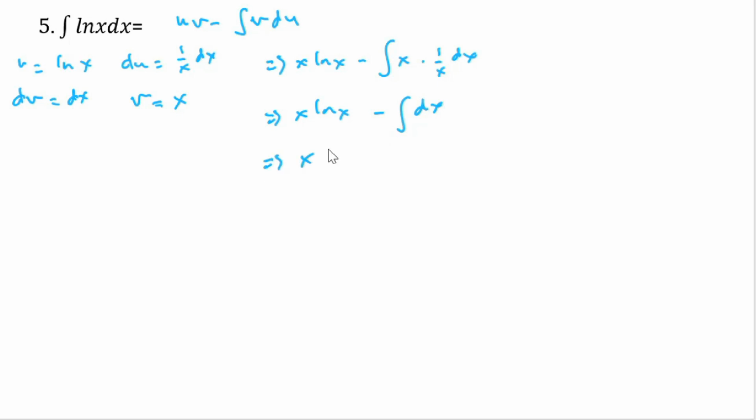So we have now the final answer of x ln of x minus x plus a constant. Or you can factor out the common factor, which is x. So we can write x times (ln of x minus 1) plus a constant. So I will just write here the word or.